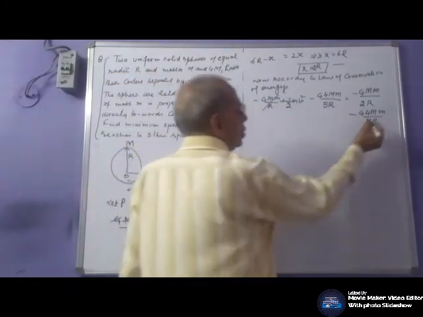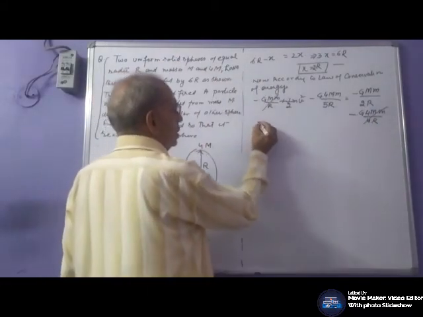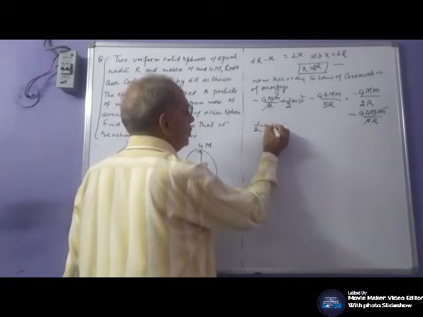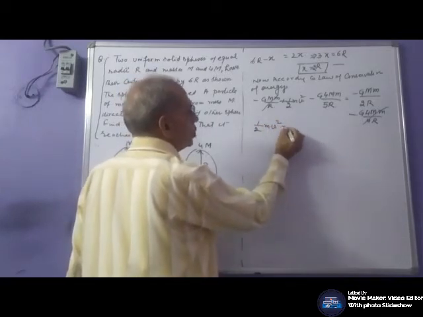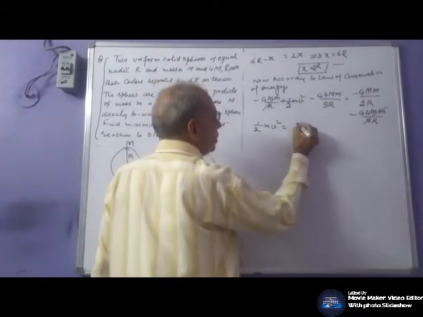This goes with this: half mv square. Take this side.